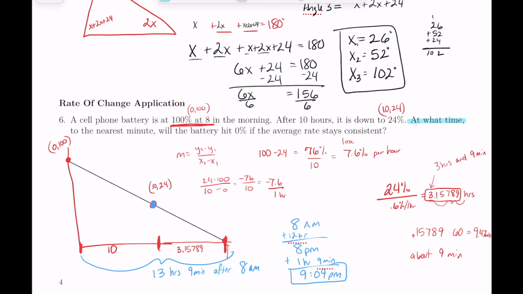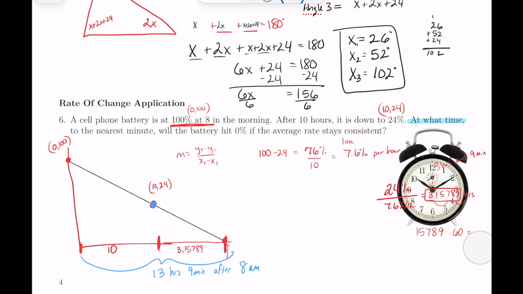Another thing we could have done would have been to write this as a linear equation. Let me clear out some of this, and I'm going to get a little clock here as a picture to help out. We could have said y equals my slope of negative 7.6 percentage points per hour, and then my initial value was 100.